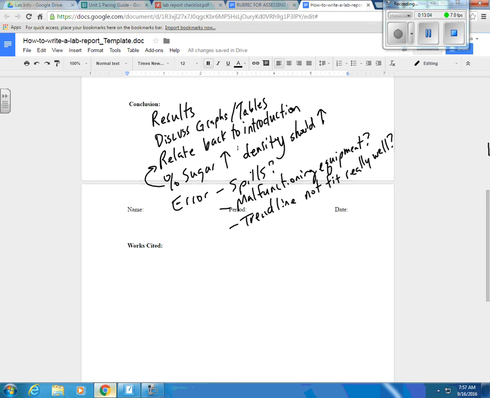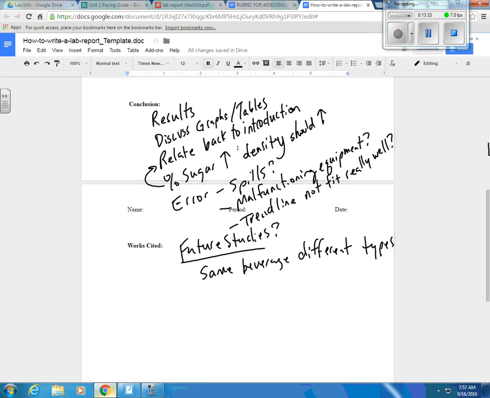Future studies. This is just an example: what if we took just Coke, and then we talked about all the different types of Coke? So same beverage, but different types.